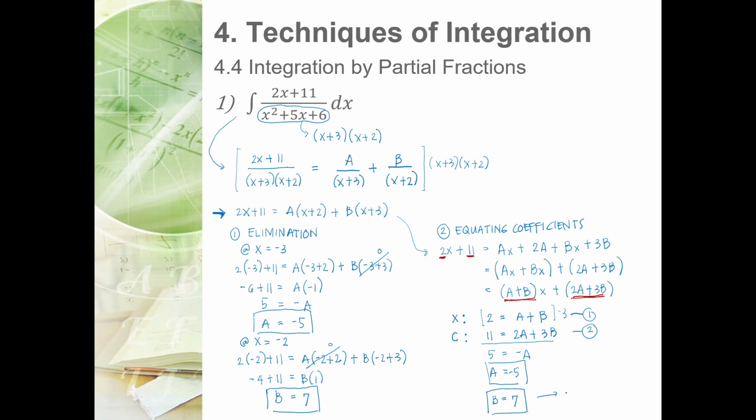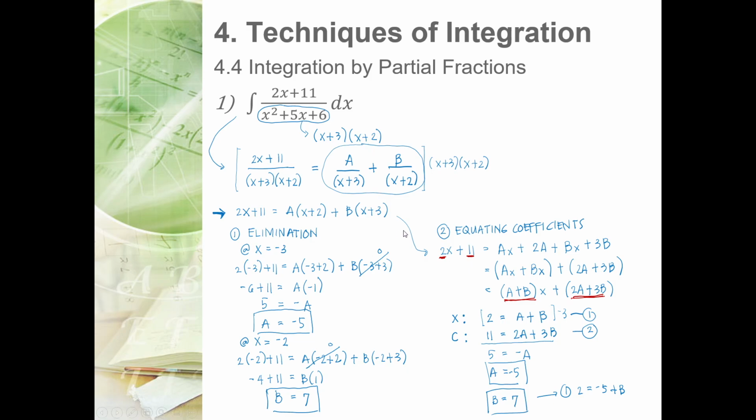So coming from equation 1, 2 equals negative 5 plus b. Alright? So that is the process of partial fraction. So meaning, this will be our end product in partial fraction decomposition.